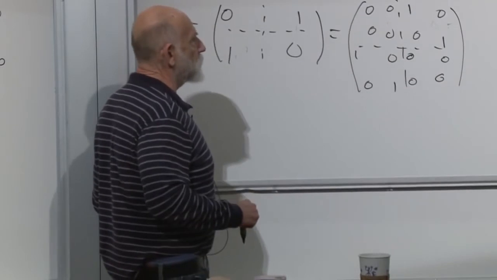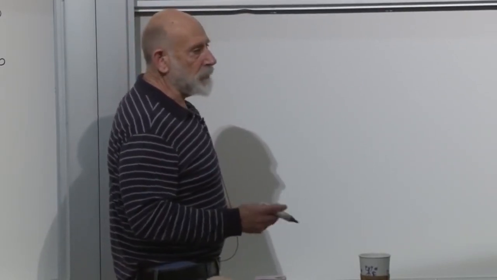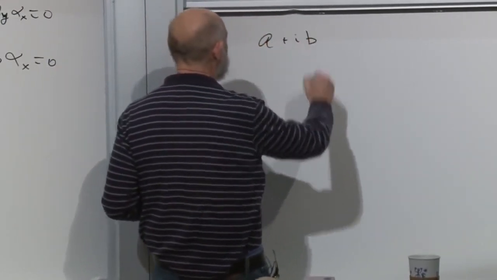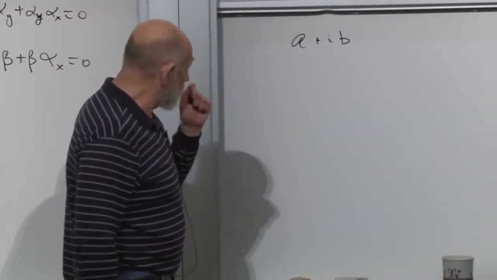They're connected with the sigma matrices. Let's go back a step. Let's take complex numbers. Every complex number is a plus ib, right? A squared and b squared, right.